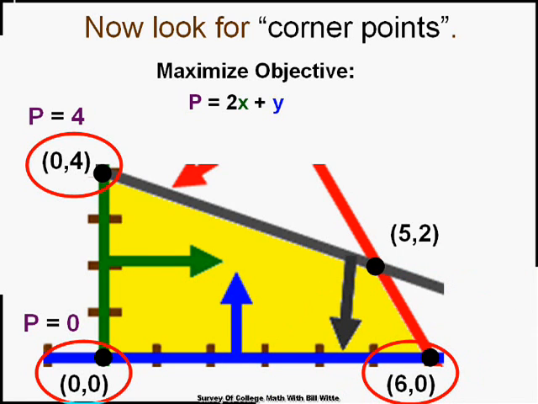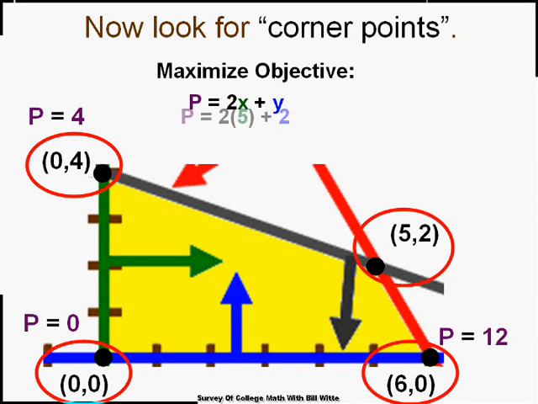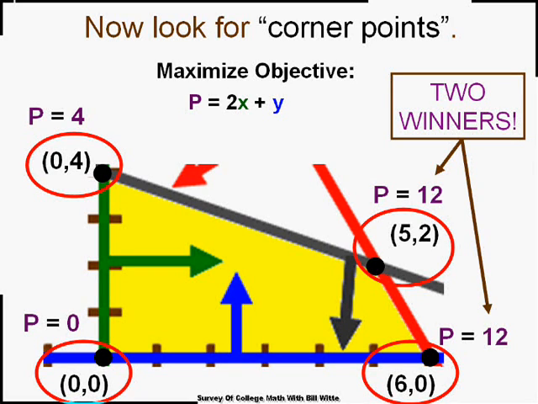If I use this position, 2 times 6 plus 0, profit will be 12. And if I use this position, 2 times 5 plus 2, ooh, I got a weird thing here. I have 2 12s. So I have 2 winners.